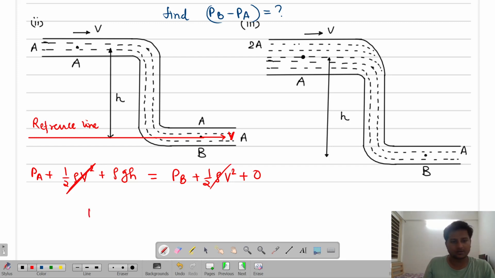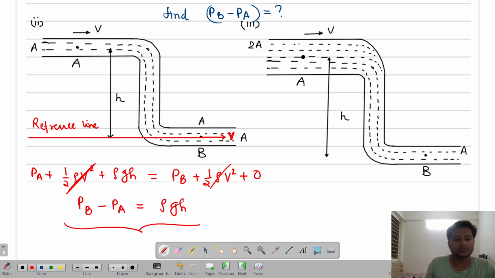So here I can get PB minus PA is equal to rho GH, isn't it? So that means pressure at B is more. Pressure at B is more, not lesser. Correct, correct.